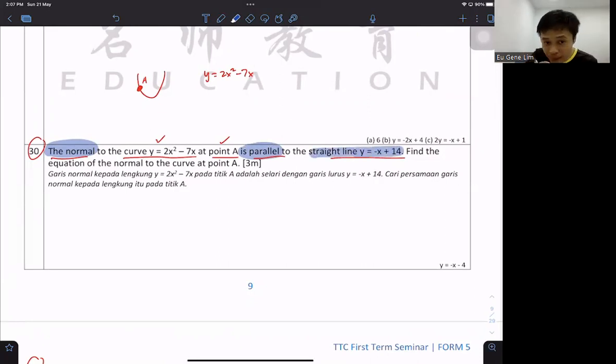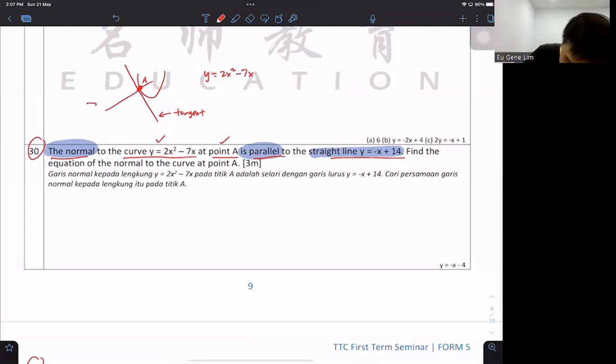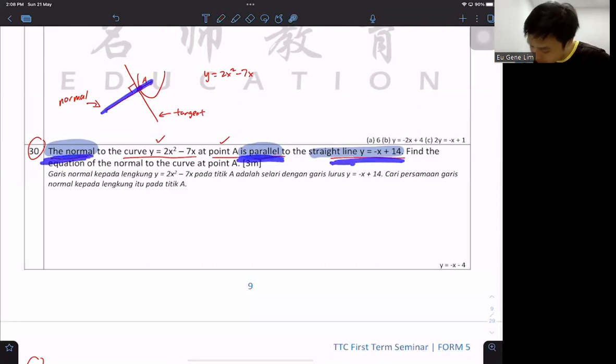Like this first. This is tangent. This is normal. 90 degrees, right? So now this normal is parallel to this line.